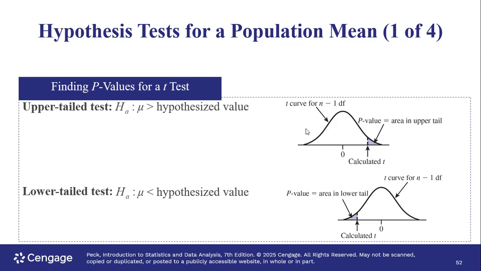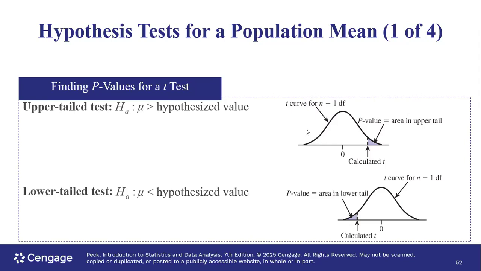If we do not know the population standard deviation, then we will use a T curve, or student T distribution, with n minus 1 degrees of freedom. DF stands for degrees of freedom. N is the sample size. The p-value is still the area to the right of the test statistic under the T curve with n minus 1 degrees of freedom.